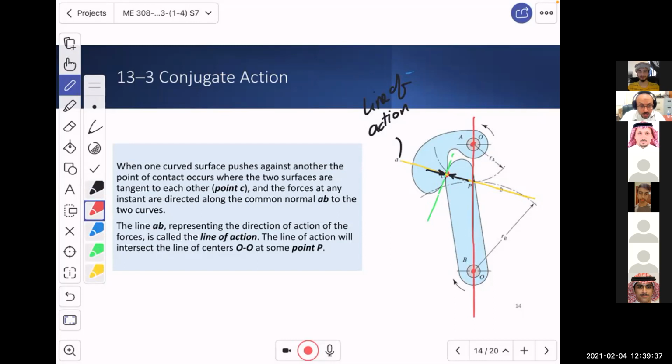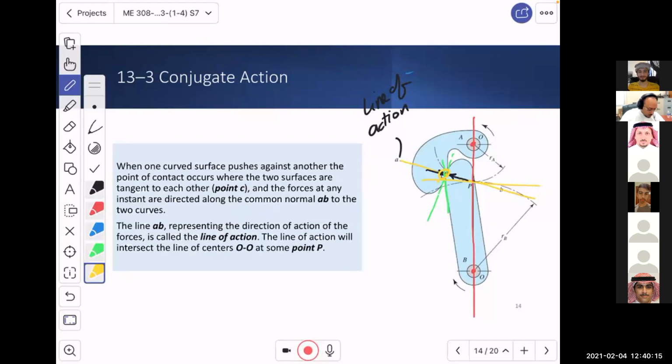The yellow line might change depending on the tangent. What if the tangent is here? The yellow line is perpendicular to that tangent, so it will go like that. So the yellow line might move. Remember, that contact point C will move a little bit. They will stay in contact for a little bit, and then they will leave. That little bit is what we are trying to explain over here.